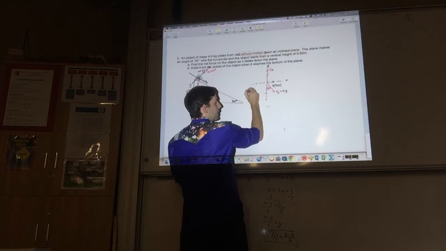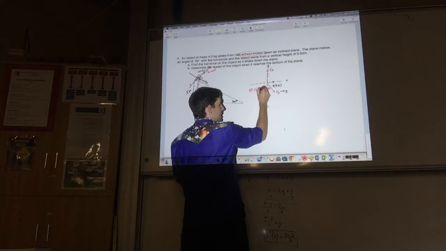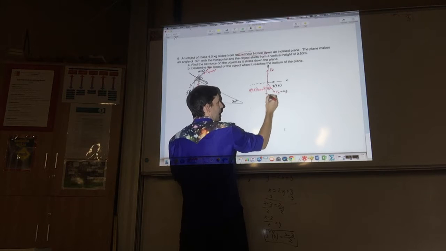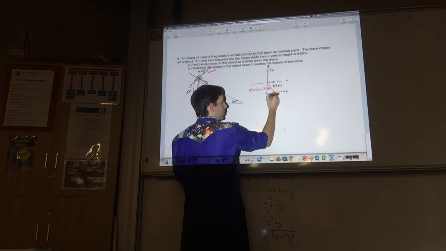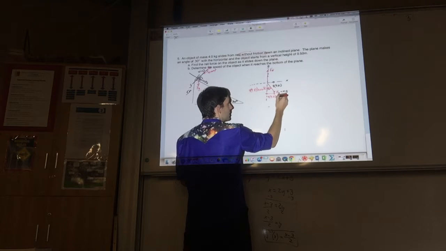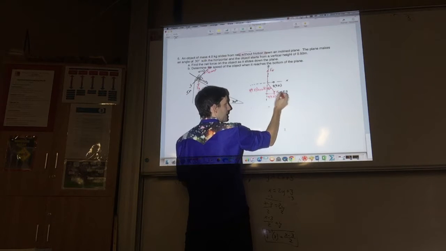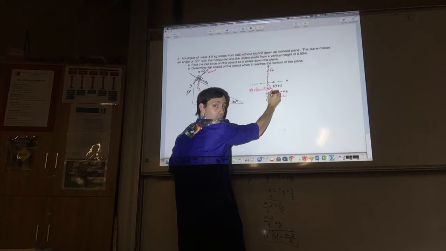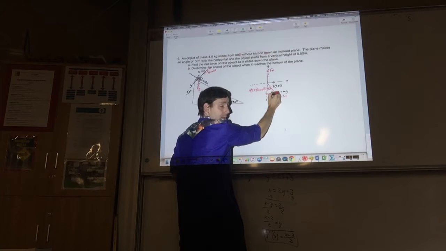So that will be 4 times 9.81 times cosine of 30. And then the horizontal there will be 4 times 9.81 times sine of 30, because that's the opposite side. Right? Sine is opposite.